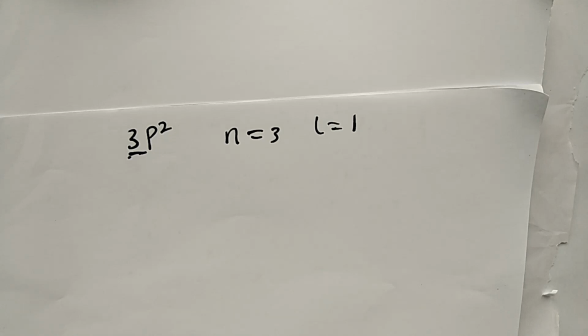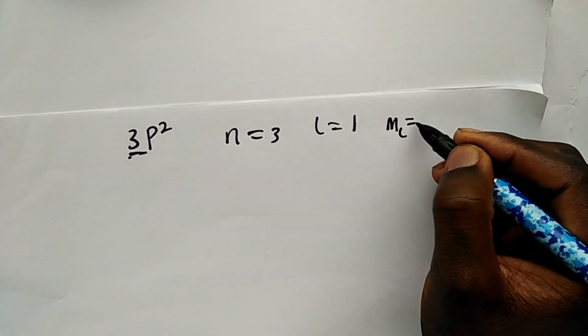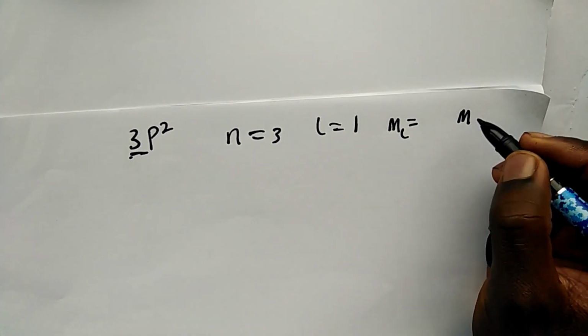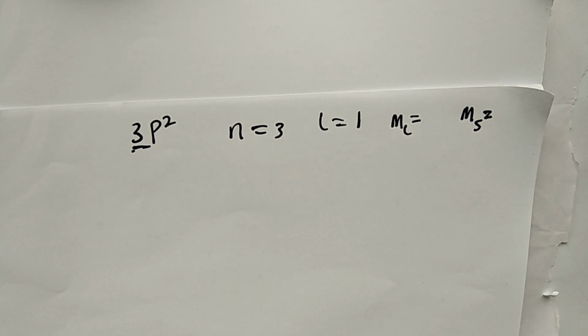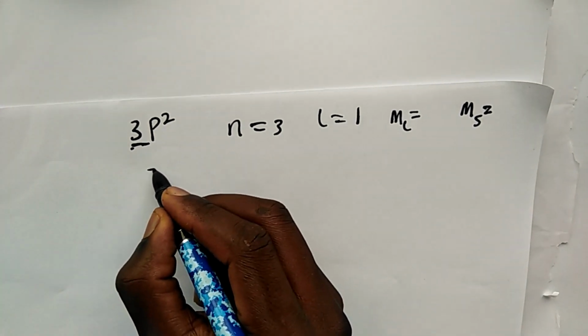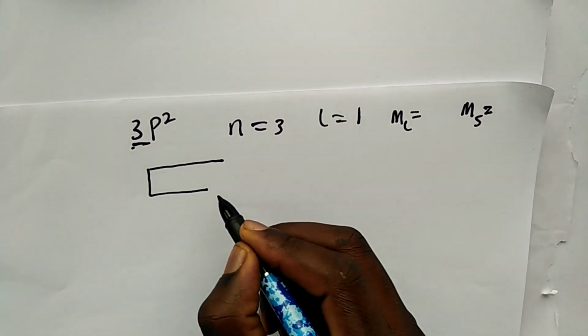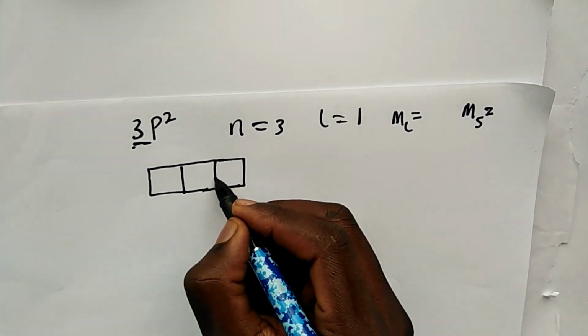Now, to find ML and MS, for ML we will draw the orbital diagram. P has 3 degenerate orbitals, so you draw the orbital diagram according to P: 1, 2, 3.